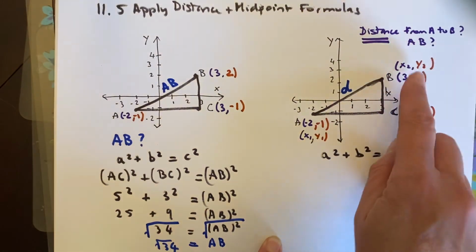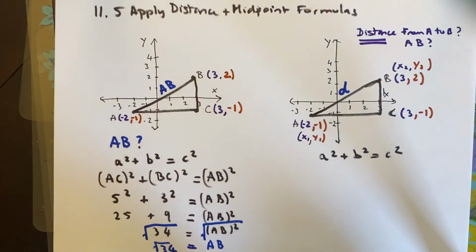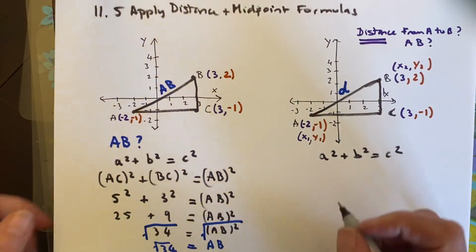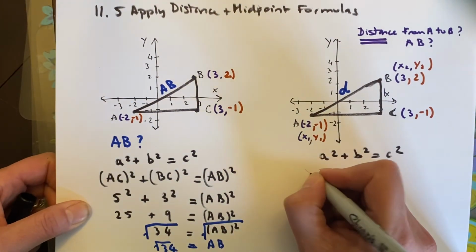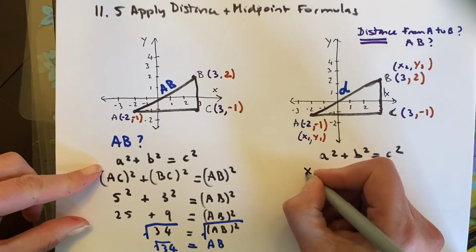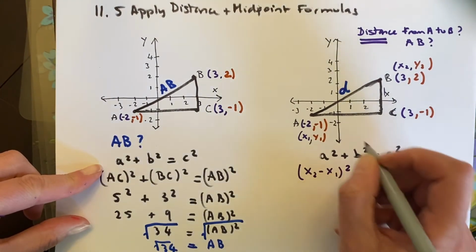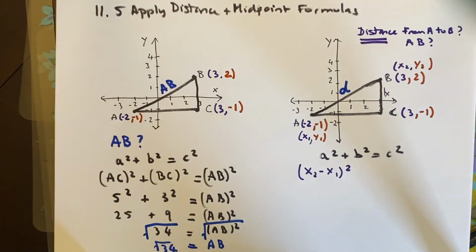So here's my from 3 to -2. So what I'm going to say A is, let me match the colors, x2 minus x1 squared, right? That's what my A value is going to be.